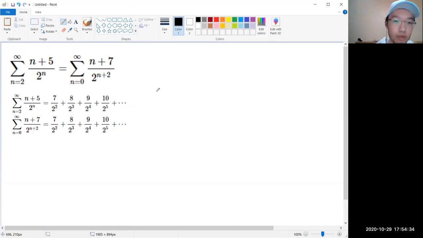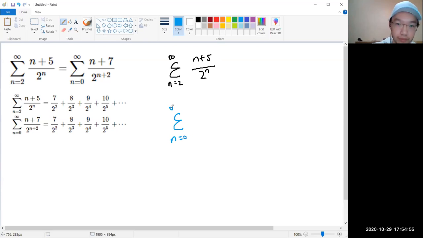All right. So we are starting with this original series, the sum from n equals 2 to infinity of (n plus 5) over 2 to the n. We want to change it so that we start from n equals 0 instead. So how will this change the formula?